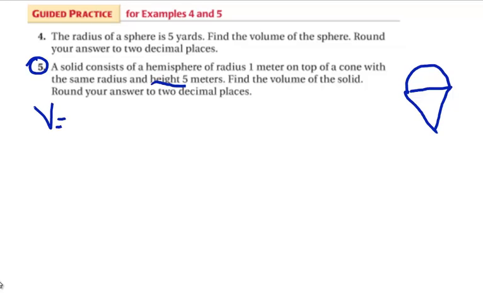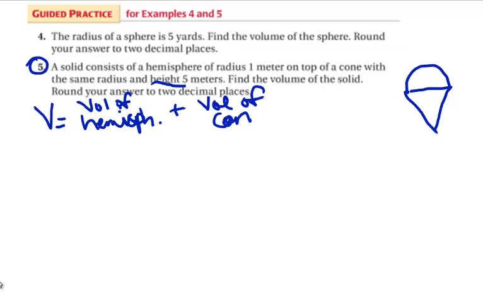Here's our volume. The volume of the hemisphere, and to the volume of the hemisphere, I'm going to add the volume of a cone. Okay, these are the pieces I'm looking for.